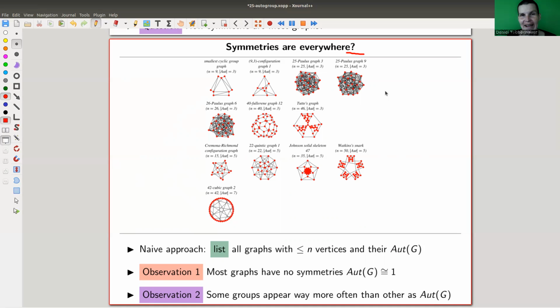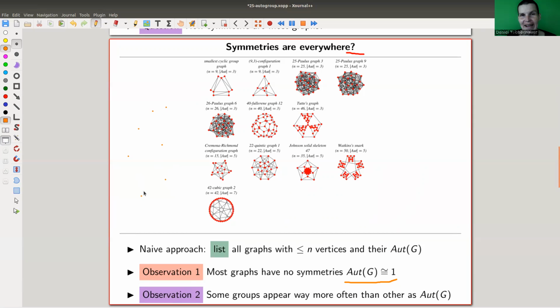And you just make a list and see what groups turn up. And it turns out that essentially all of them, so almost all of them, have absolutely trivial automorphism group. That's observation one. So most graphs are really not symmetric, which is not so surprising if you think about it.